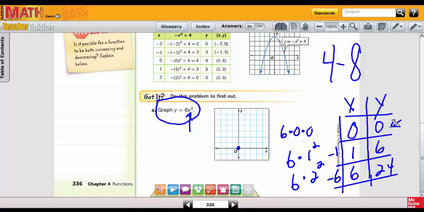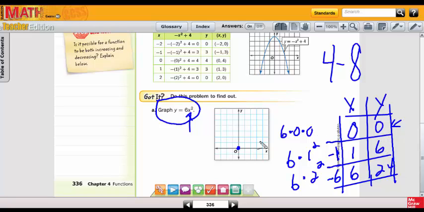You're still going to get the same outputs, because -2 times -2 is still a positive 4, and 4 times 6 would be 24, for example. So that's one of the things you'll just come to realize about these quadratic functions is it doesn't matter if you put in a negative number or a positive number, you get the same output.